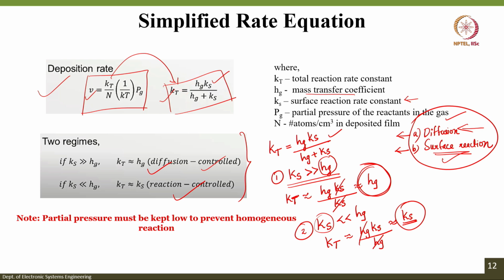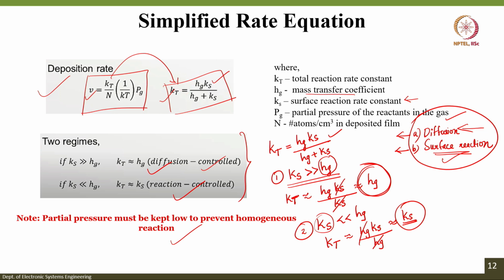If the diffusion process is slower than the surface reaction, you can call it a diffusion limited regime, and if the surface reaction rate is slower than the diffusion process, you can call it a reaction controlled regime. And as I have also mentioned, the partial pressure within the chamber should be maintained such that heterogeneous reactions are preferred, because otherwise the deposited film will be of poor uniformity and poor quality.